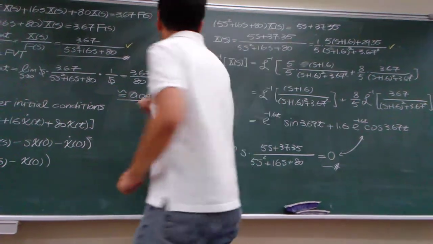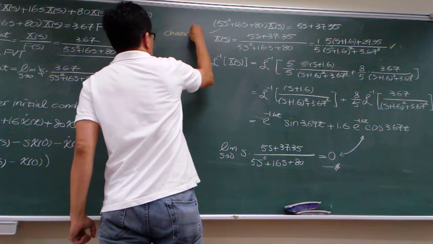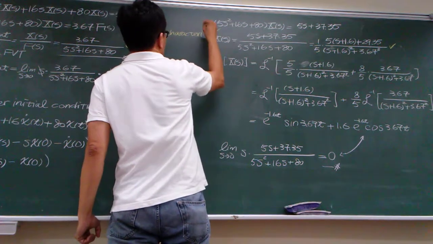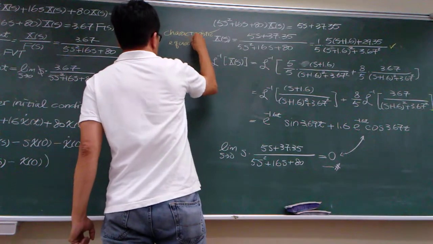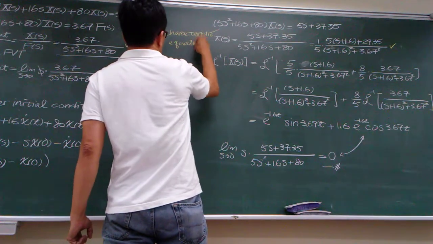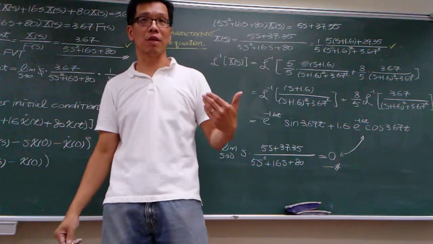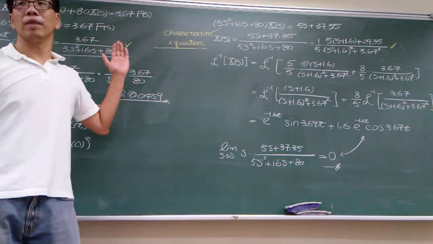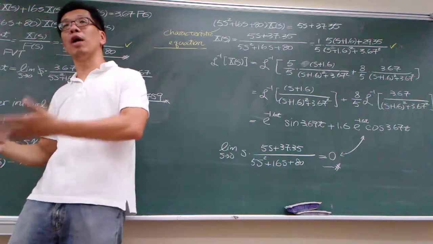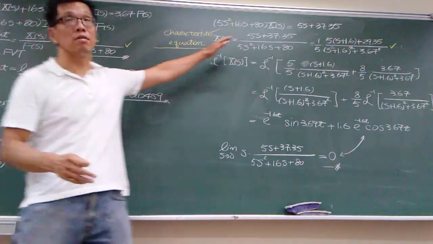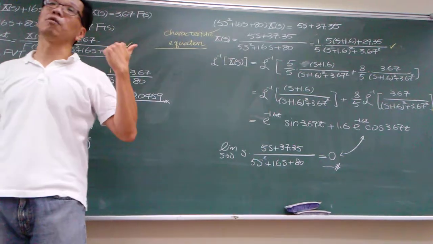This is something we call the characteristic equation, which means your system characteristics are going to be the same. It has nothing to do with your inputs. Every time you have a system that responds like this, you get similar stuff. One is damping ratio, the other one is natural frequency.